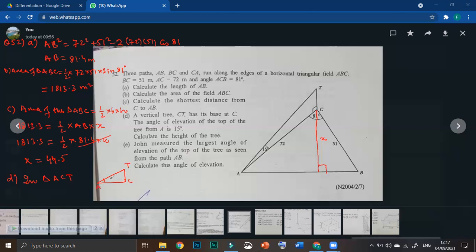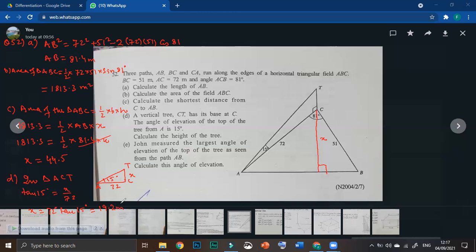This angle 15 degrees is given and this AC length is 72. We want to find out TC. So tan 15 is equal to X over 72. X is equal to 72 tan 15. What is the final answer? 19.2. 19.2 meters is the height of the tree.